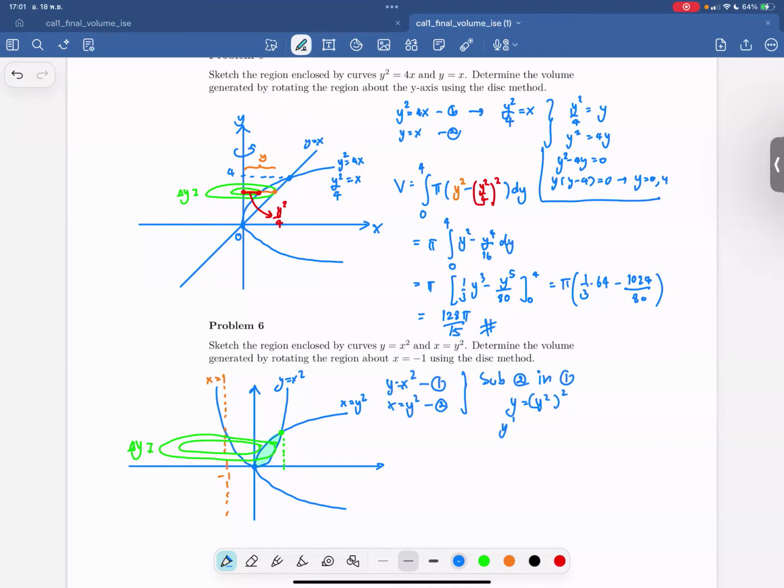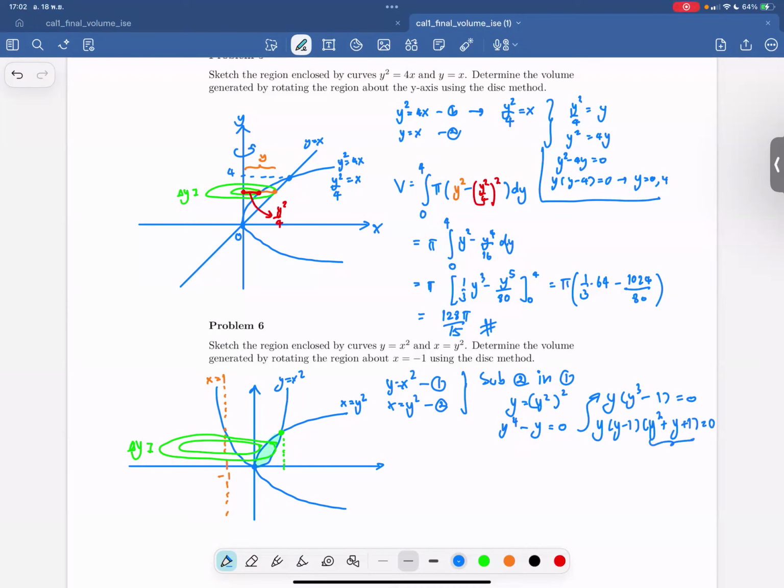Okay, so y equal to y to the power 4, so y to the 4 minus y equal to 0, and then y cubed minus 1 equal to 0. So y times (y minus 1)(y squared plus y plus 1) equal to 0.